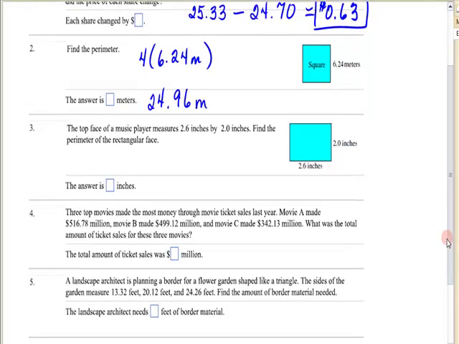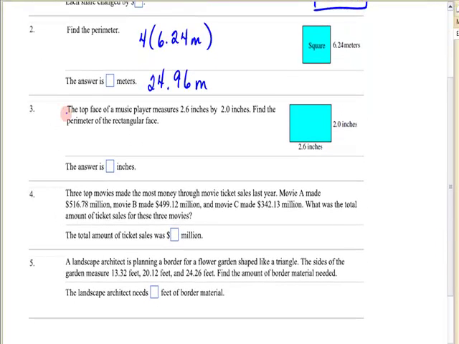All right, number 3. The top face of a music player measures 2.6 inches by 2.0 inches. Find the perimeter of the rectangular face. Okay, perimeter is to add all the sides.